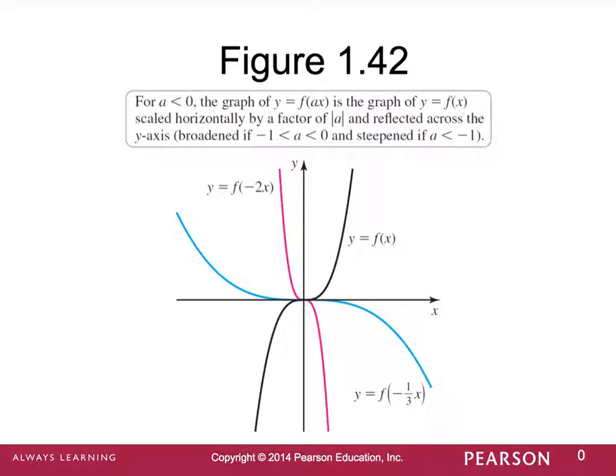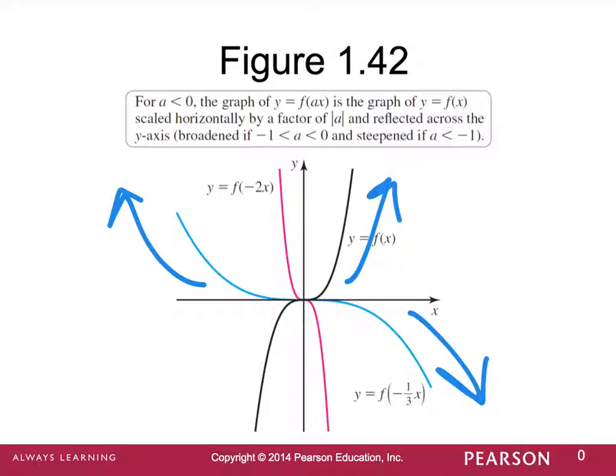If we throw a negative into this mix, that is going to flip this thing horizontally. So this portion that was going up and to the right in the black curve, now in the blue curve is going up and to the left, and the one that was going down and to the left is now going down and to the right. And so we get that horizontal flip.